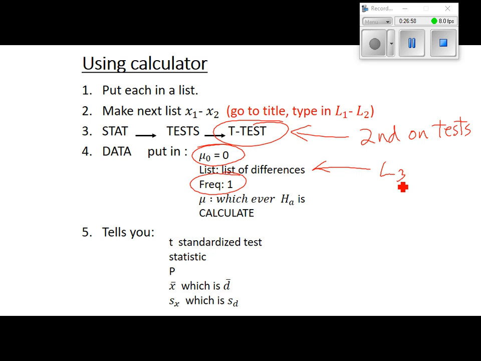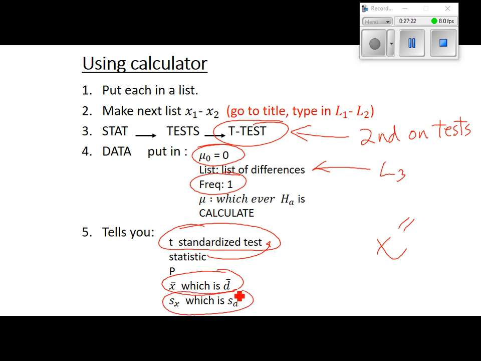Tell it your HA, calculate, and it's going to tell you this. It's going to tell you T, that's what we're looking for. That's what that big long formula would tell you. It's also going to tell you X bar, which is actually the D bar, and the standard deviation, SX, which is actually the standard deviation of the sample.